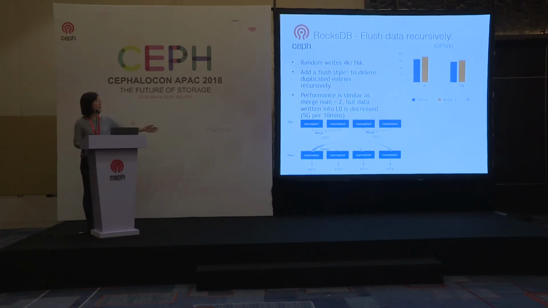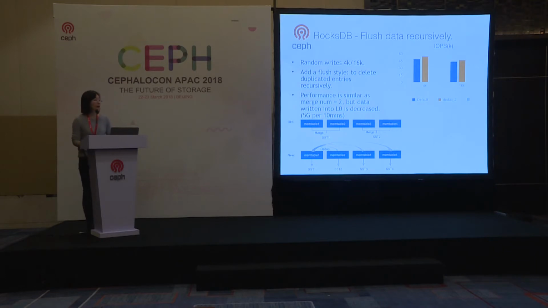That means, for example, here we merge memory table 1 and memory table 2, and then flush the data to the disk, so the invalid data in memory table 1 will be deleted, but the invalid data in memory table 2 won't be deleted. For example, I write A into memory table 1 and then delete it in memory table 2. So when flushing, the data A will be invalid.